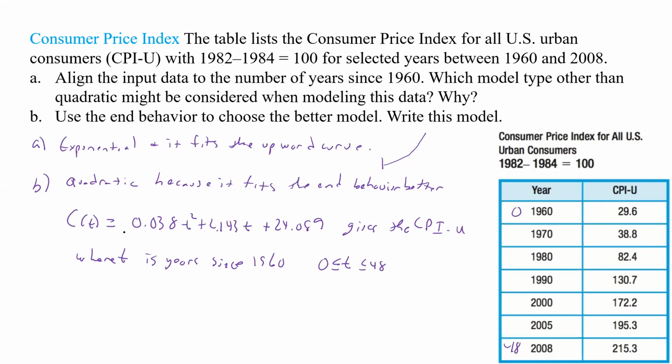Okay, and so that would be our quadratic function modeling the data. And again, the exponential kind of curved up, and so that might have been the one to use, but the quadratic actually fit the end behavior better. And again, using that nice feature of the vars, we can put one into y1 and one into y2 and check to see which one actually fits better. All right, so let's stop there.